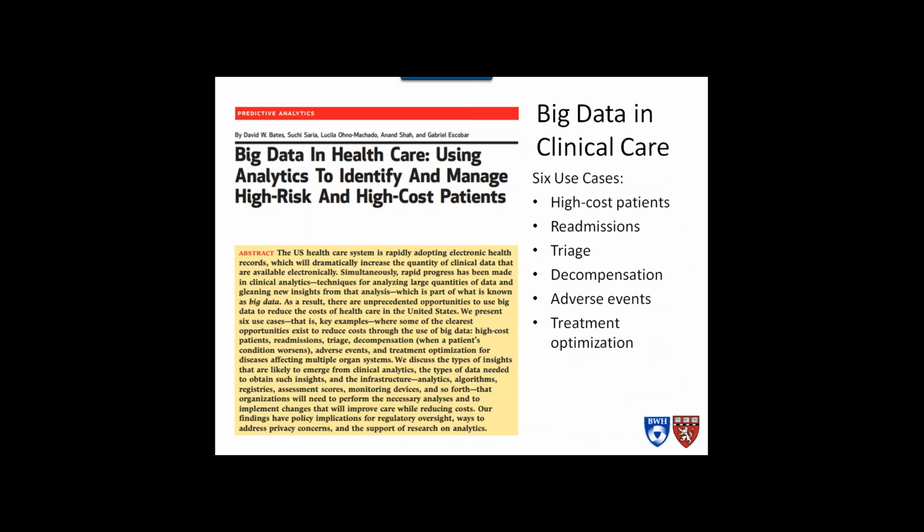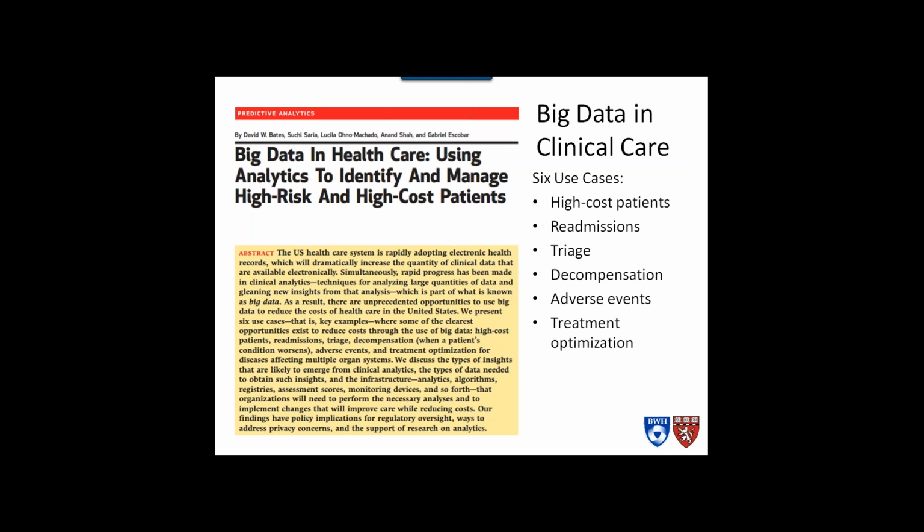Okay, so this last year I published this paper on big data in healthcare: using analytics to identify and manage high-risk and high-cost patients. This is work that was sponsored by the Gordon and Betty Moore Foundation, and they brought together a group from around the U.S. and actually from around the world who were interested in analytics.